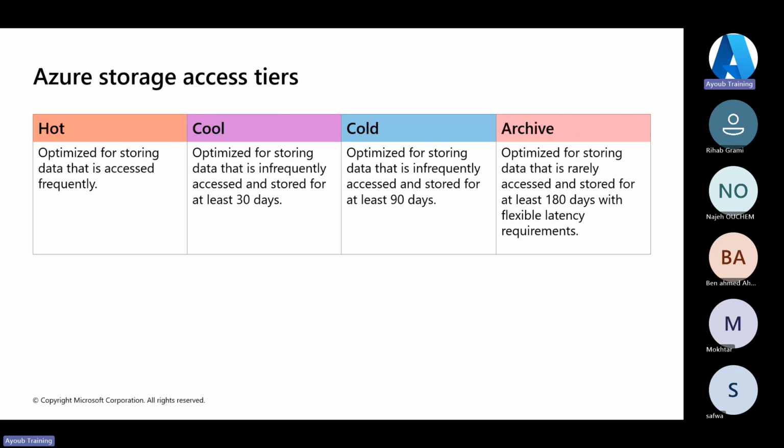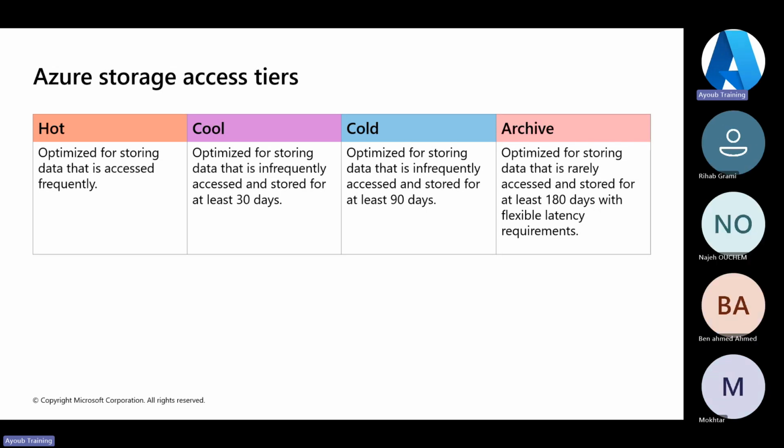The last one, like its name also, is archive. It's about storing data or backup. Here we store the backup, and maybe we will use it or not, but we need to keep it in any case. It's like backup, disaster recovery, or archiving old data. This kind is, for example, for at least 180 days, but it's possible for more.